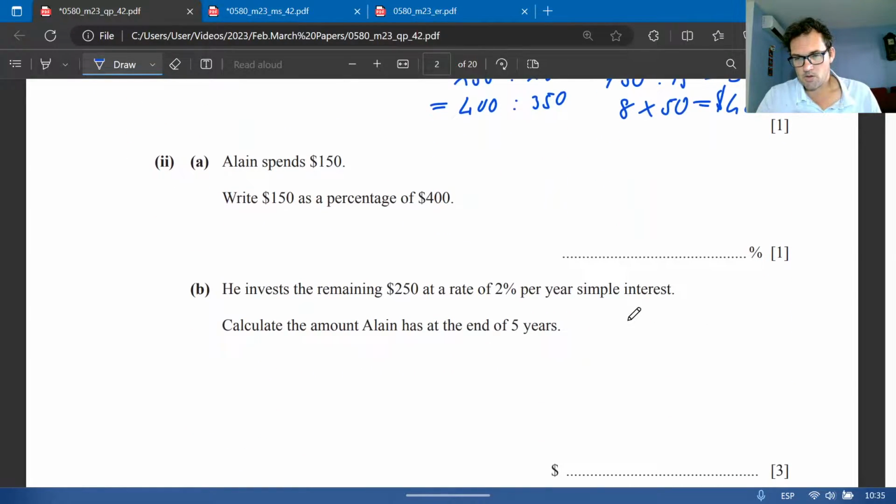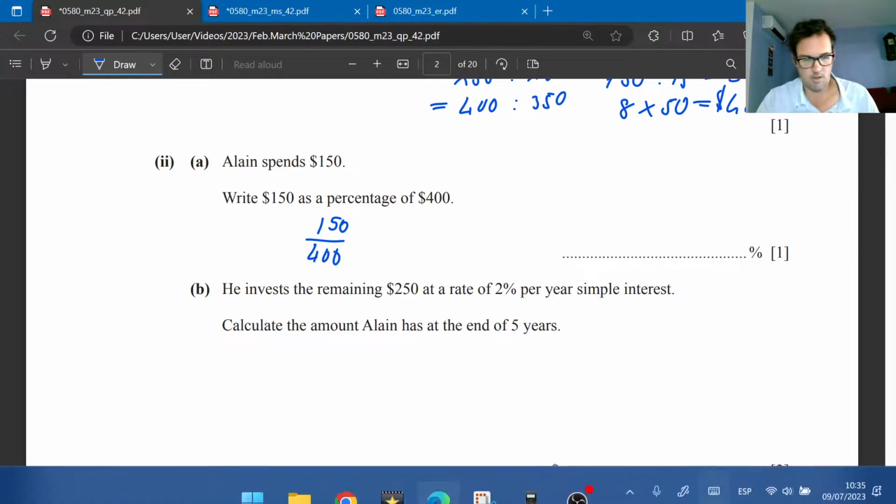Right, part 2. Write 150 as a percentage of 400. That is just a fraction. Percentages are fractions out of 100. So first we write it as a fraction, 150 out of 400.